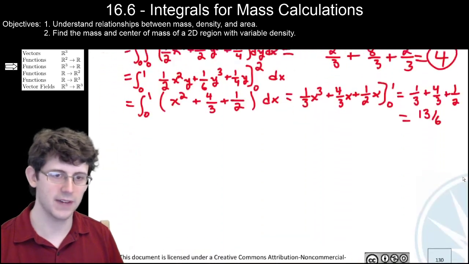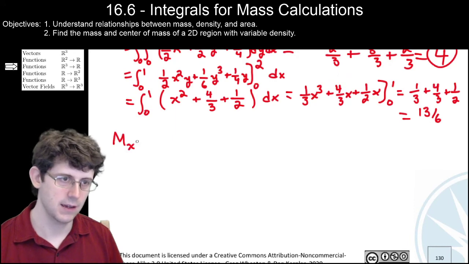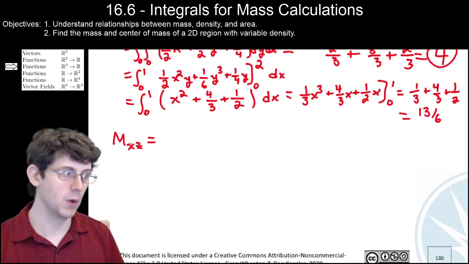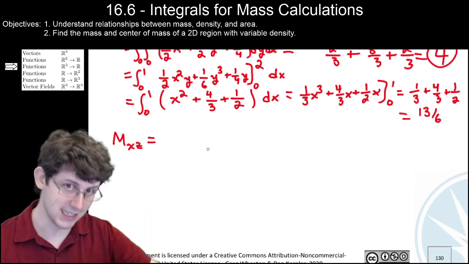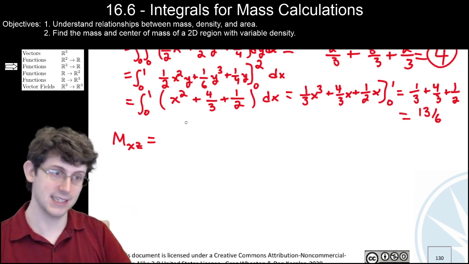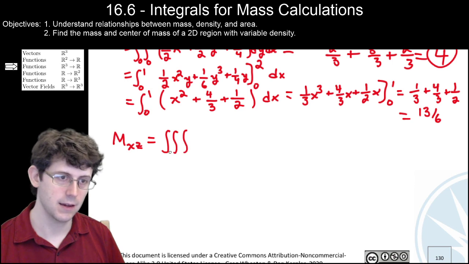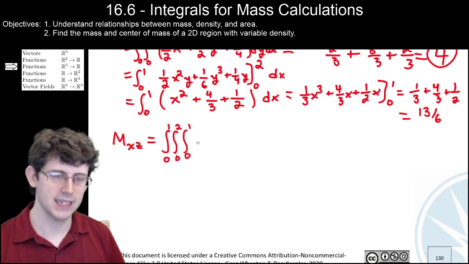Let's do one more. We'll find mxz. This is the moment about the xz plane. So it asks how far away you are from the xz plane. The distance to the xz plane is called y. So I'll have my density function, but then I multiply it by y.